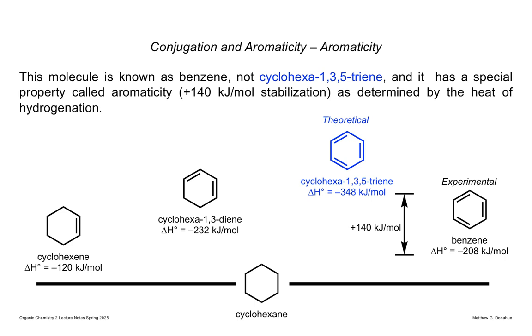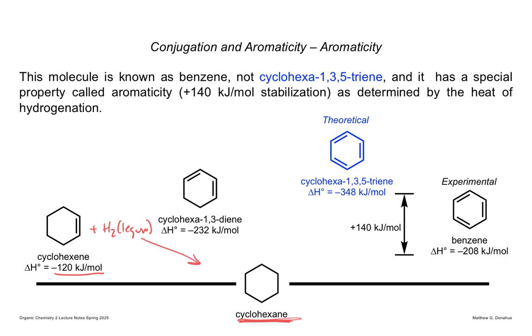We know there's this special property present if we look at the heat of hydrogenation experiment. Cyclohexane is the molecule that would be produced by hydrogenating the structures above that bolded black line. If you took cyclohexene and added one equivalent of H2, that would reduce that pi bond, and you could measure the heat given off as negative 120 kilojoules per mole.